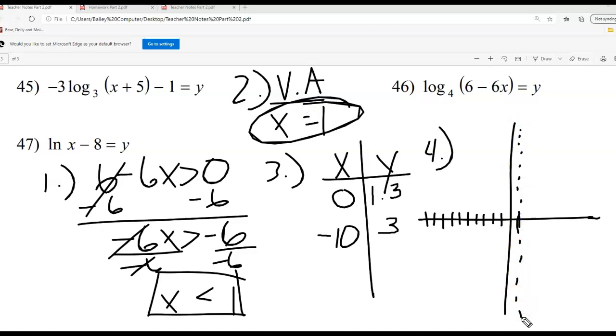The points that I'm going to graph are 0, 1.3, so probably right about here, and then -10, 3, so right about there. And we have to pick what shape would connect these dots and go flat against this asymptote. It would look probably something like this.